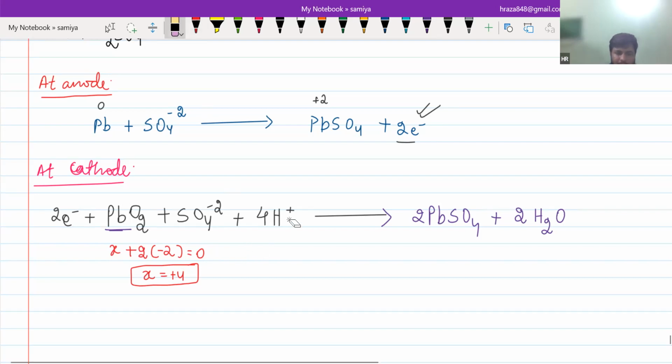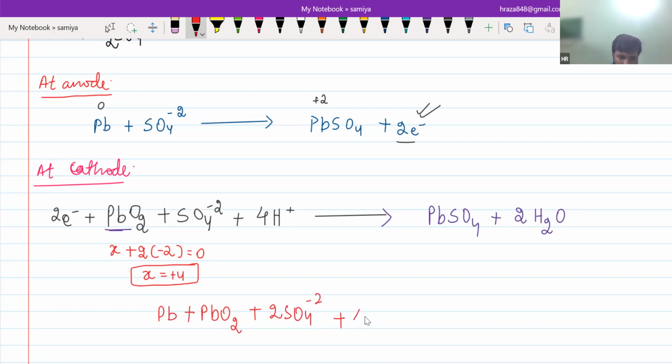Let me write the equation again. PbO2 plus SO4 2- plus 4H+ forms PbSO4 plus 2H2O. Now again, this is PbSO4. You can see Pb, lead, is there, and also PbO2 is there. Pb and PbO2 react with 2 moles of SO4 2- and 4H+. So the reaction will be 2PbSO4 plus 2H2O.